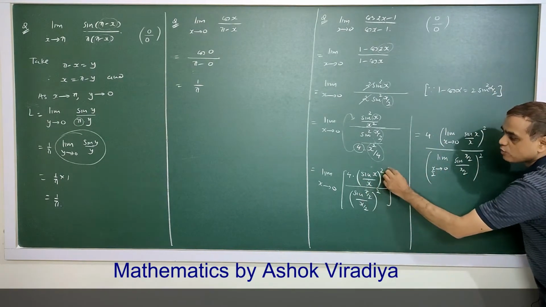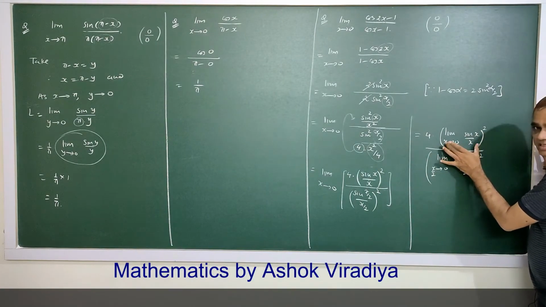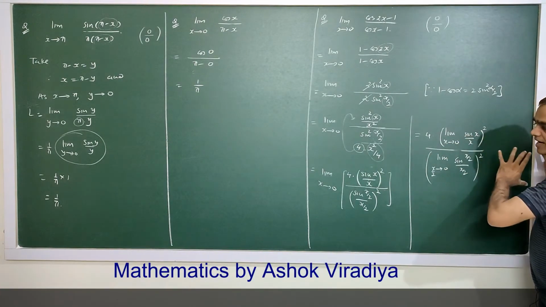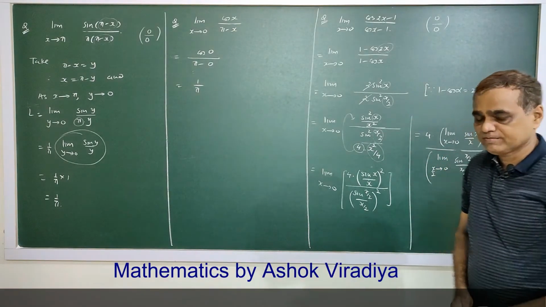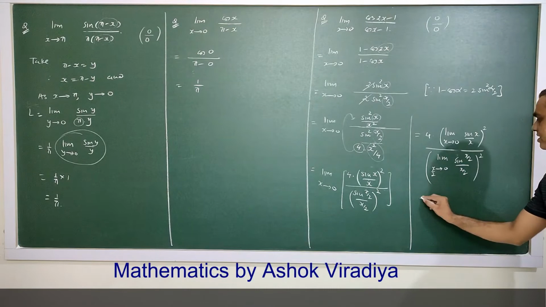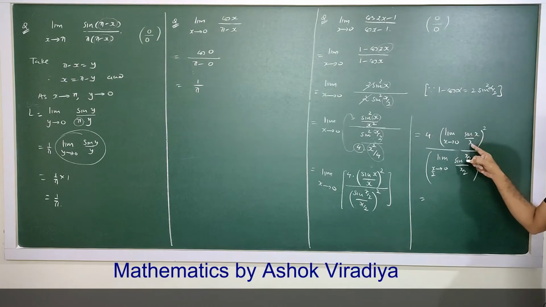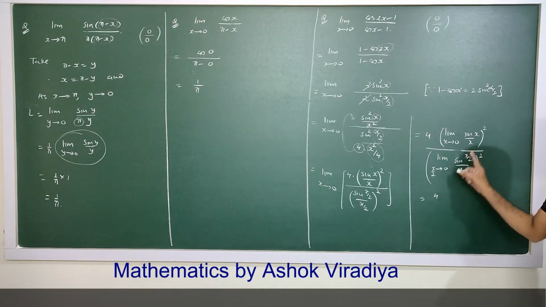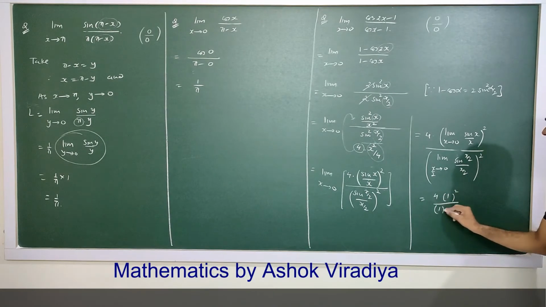Limit of f square is the square of the limit. So applying working rules means distributing the limit individually. Now it is matching the standard form. Limit of sin x upon x, x tends to 0, is 1, and here this is 1.